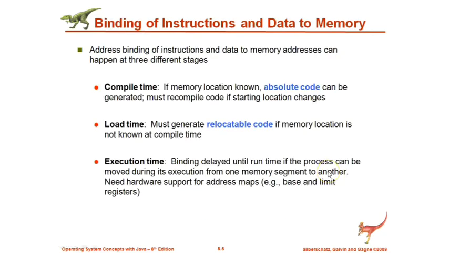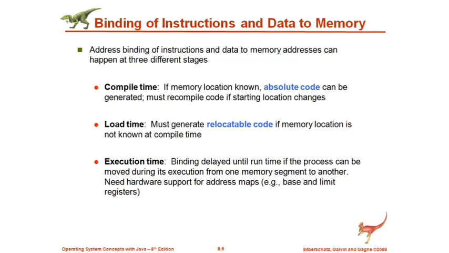So next we'll see the binding of instructions and data to memory. We know that programs are stored on the secondary storage disk as binary executable files. In order to execute, the program must be brought into the memory and placed within a process. Depending on the memory management in use, the process may be moved between the disk and memory during its execution.